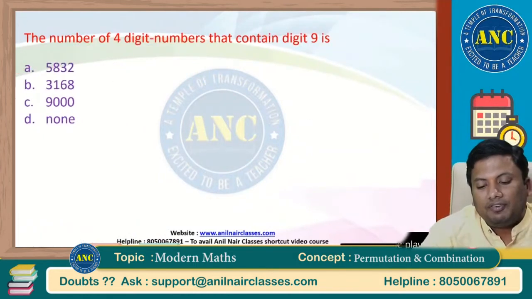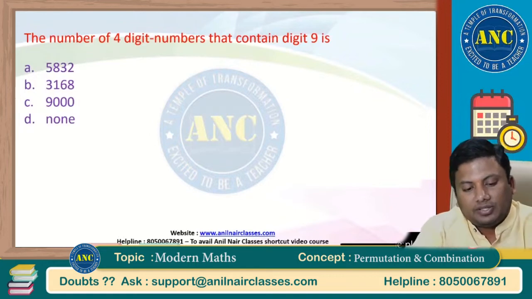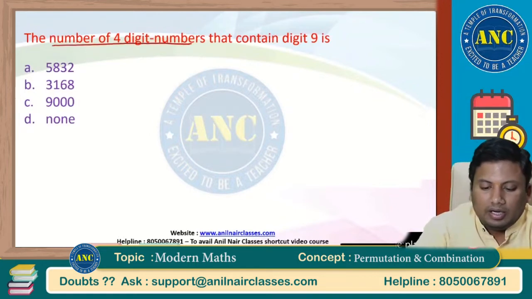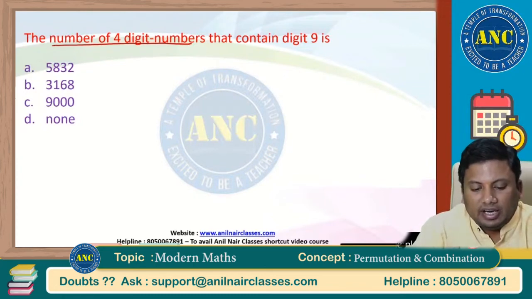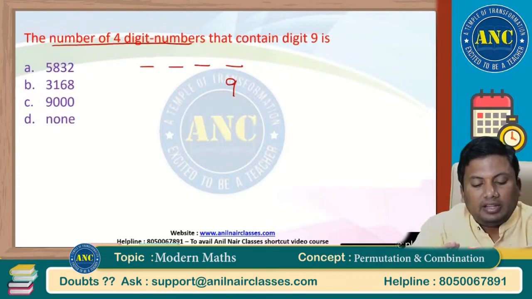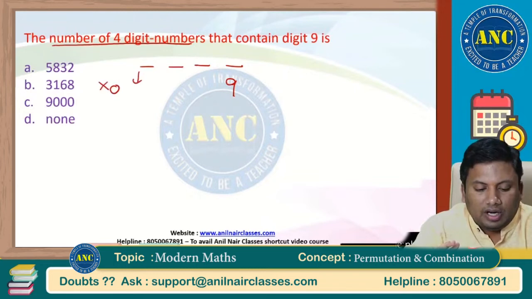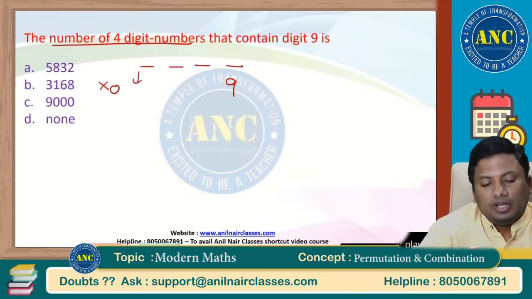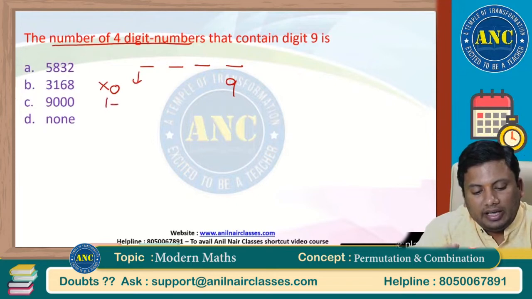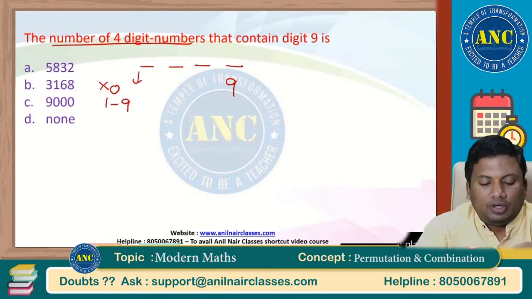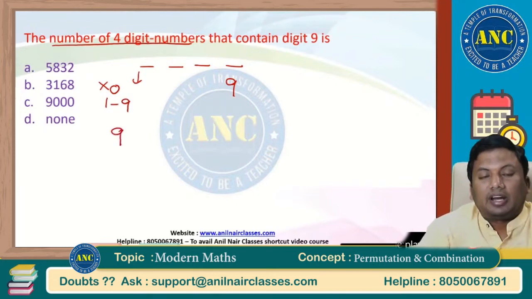The number of 4-digit numbers that contain digit 9. It is a 4-digit number, so 9 can be there in the units place. Here 0 cannot come, so it can take any value from 1 to 9. So it is nothing but 9.